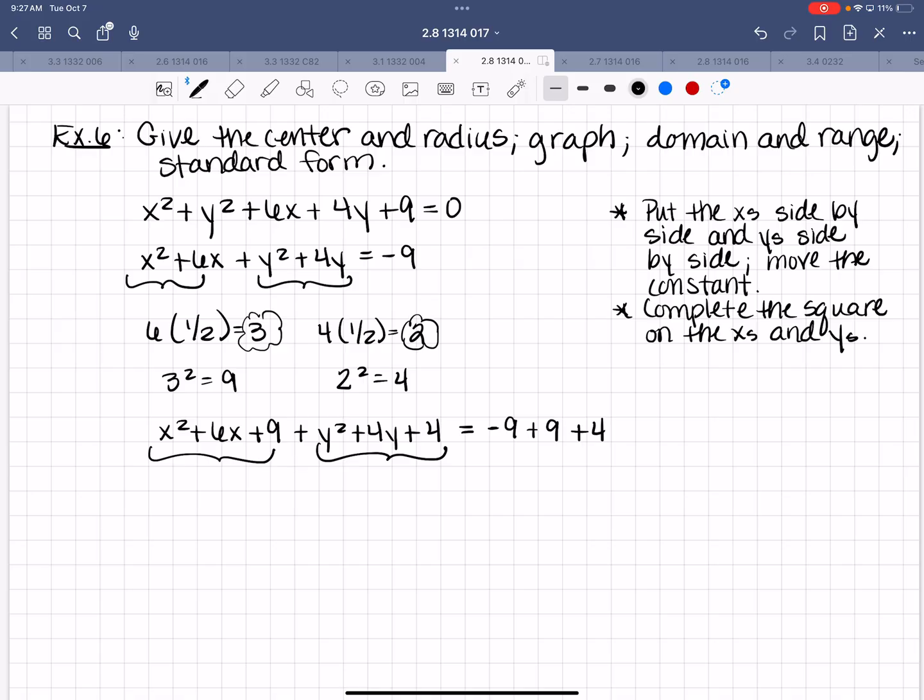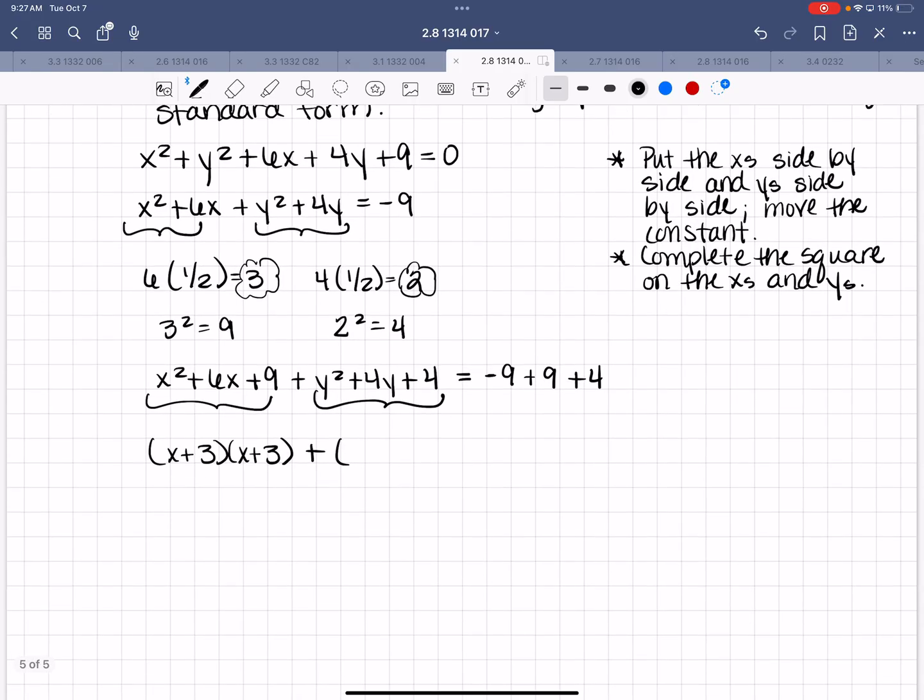So x squared plus 6x plus 9, I'm looking for what multiplies to be 9, adds to be 6. Remember, that's why we put that in the cloud. That's really x plus 3 times x plus 3. Guys, if you know to write that as x plus 3 squared, go ahead. I'm just working it out because it's been a little bit since we did completing the square. y squared plus 4y plus 4 is going to be y plus 2 times y plus 2.